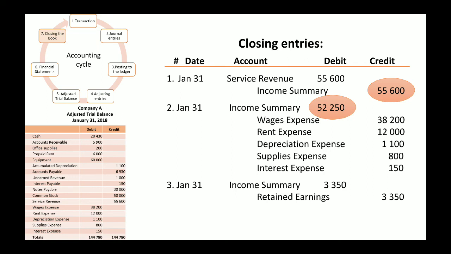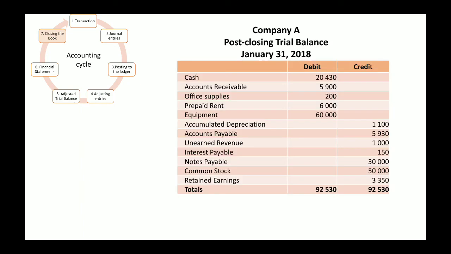The last step of an accounting cycle is to prepare post-closing trial balance. Since the closing entries transferred the balances of temporary accounts to the retained earnings account, the new balances of temporary accounts are zero and therefore they are not listed on the post-closing trial balance.